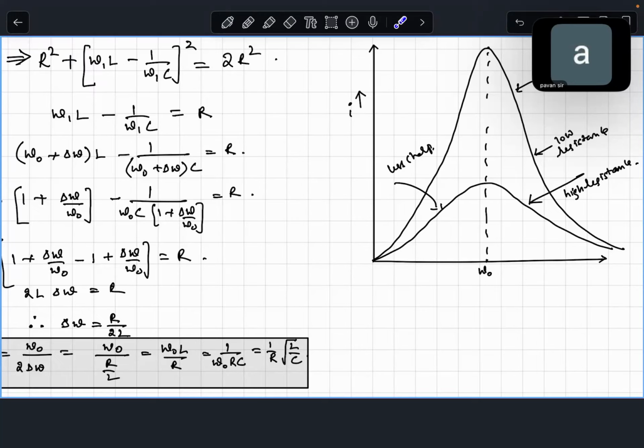Got the point? You convert 10 megahertz to 10,000 kilohertz, divided by 200. What happens? 50.